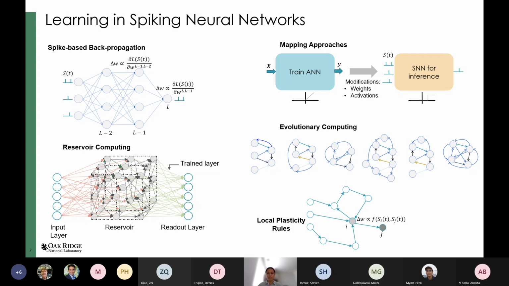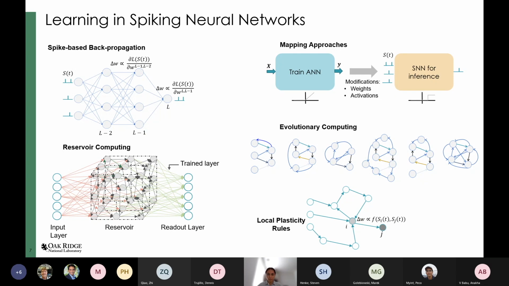And the task could be either a classification or control or a regression or any kind of machine learning problem, which I'll be going into in more detail in my later slides. So that's how evolutionary optimization or evolutionary computing can operate on a spiking neural network.